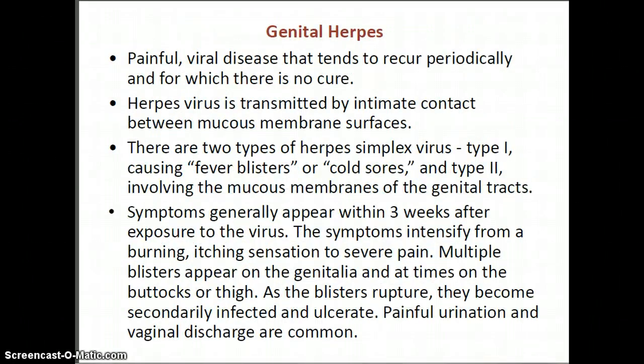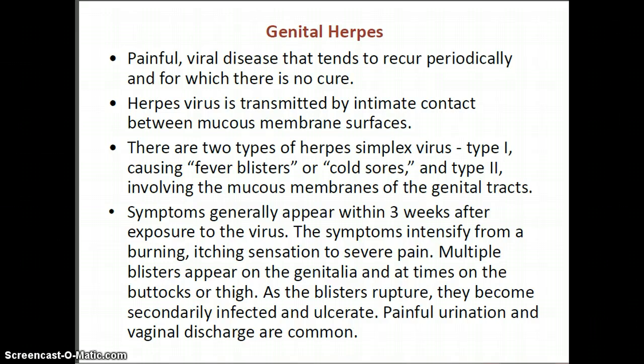Genital herpes is one common sexually transmitted disease or infection. It's painful. It's caused by a virus, a herpes virus. The type 1 herpes virus causes the common what we call fever blisters or cold sores. Type 2 involves the mucous membranes of the genital tract.